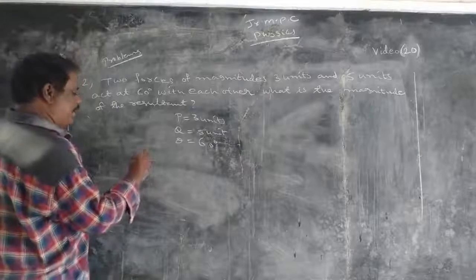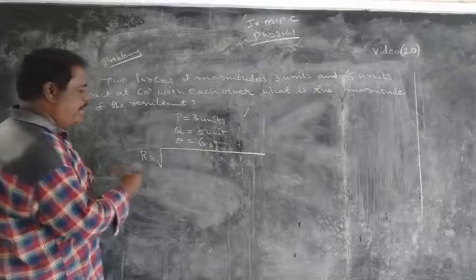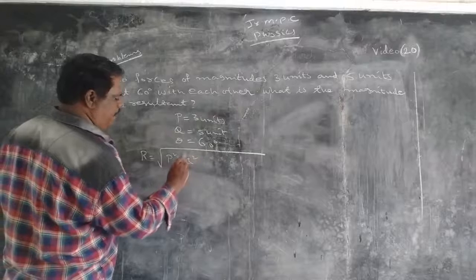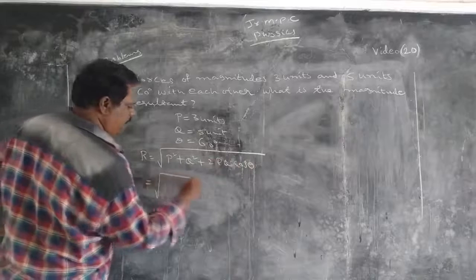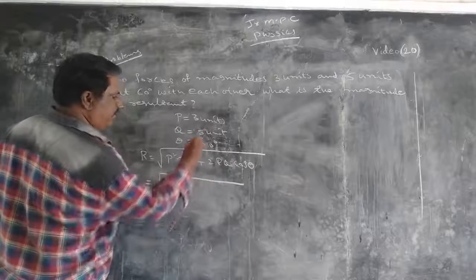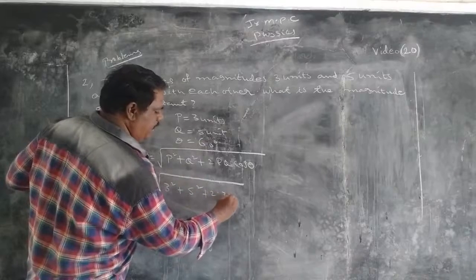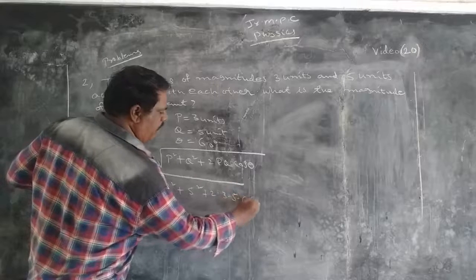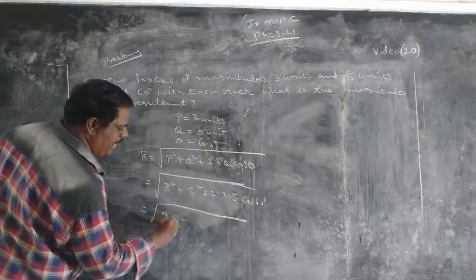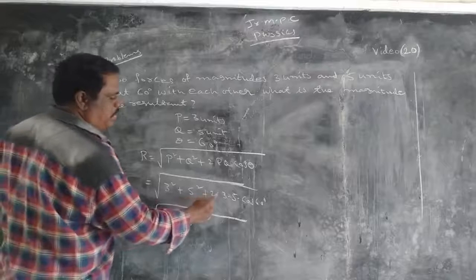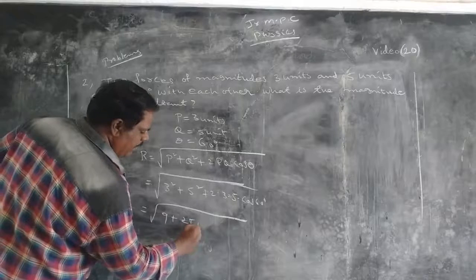Okay, then the resultant vector R, we have calculated in case of the parallelogram, the magnitude of the resultant is root of P square plus Q square plus 2PQ cos theta. Therefore, P square is 3 square, Q square is 5 square, plus 2 into 3 into 5 into cos 60 degrees. This becomes 3 3s are 9 plus 25, plus 2 3s are 6, 6 into 5 is 30.